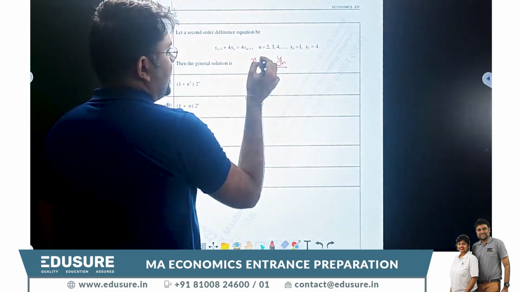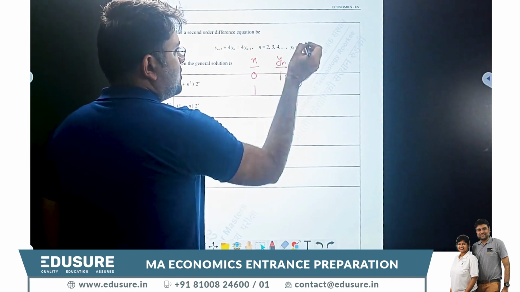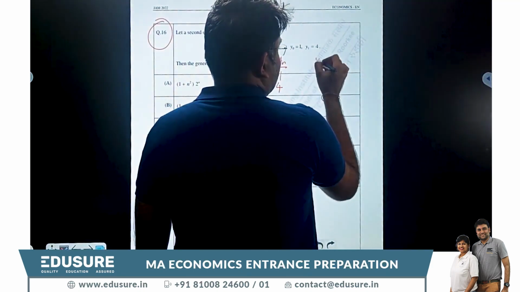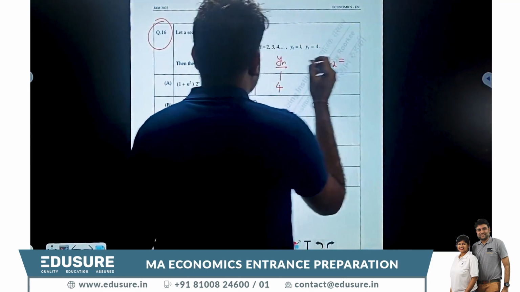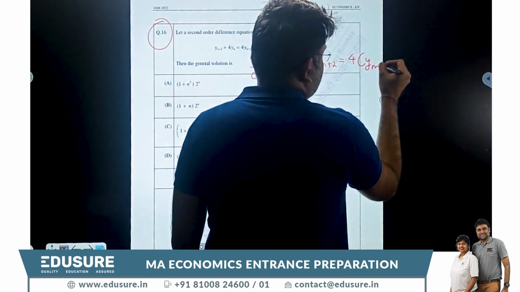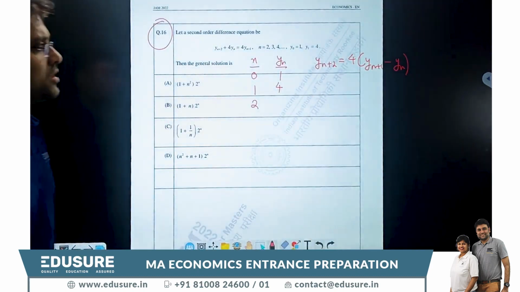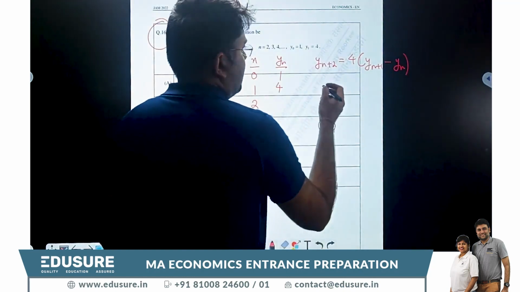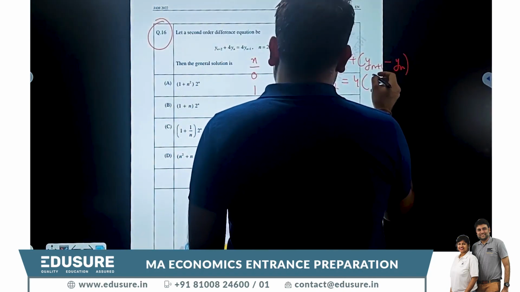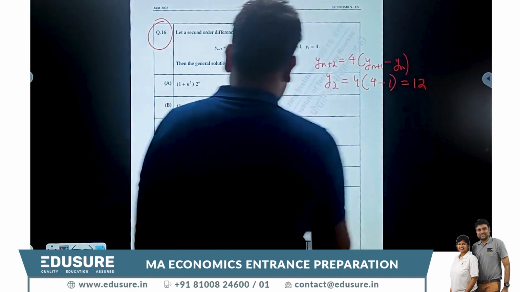So n is equal to 0, y0 is 1, n is equal to 1, y1 is 4, n is equal to 2, I'll have to calculate. Please understand y(n+2) is equal to, if I take this yn on the other side, 4 into y(n+1) minus yn. This is what I have. So y2 will therefore be 4 into y1 minus y0. So this is 12.